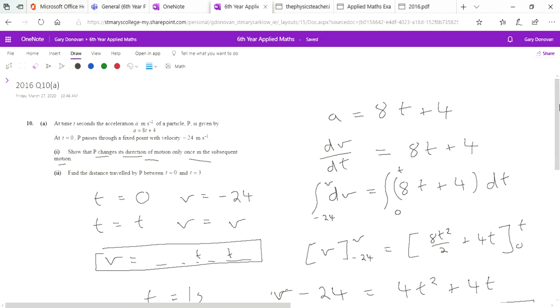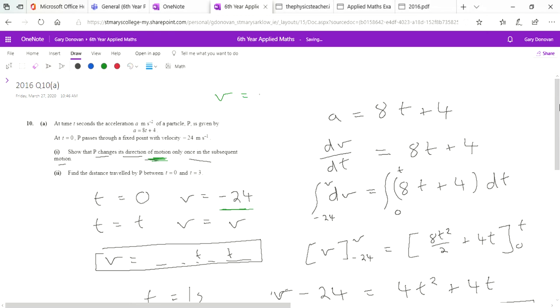Show that p changes its direction of motion only once in its subsequent motion. Here you really need to understand how we represent different directions in terms of velocity. They told us that the initial velocity was minus 24. So if it changed direction at any point, its velocity would be a positive number.